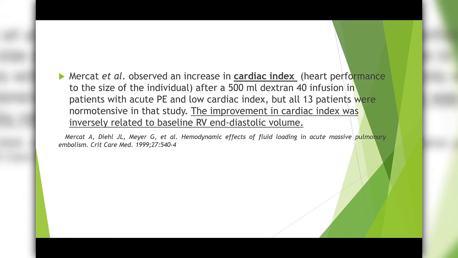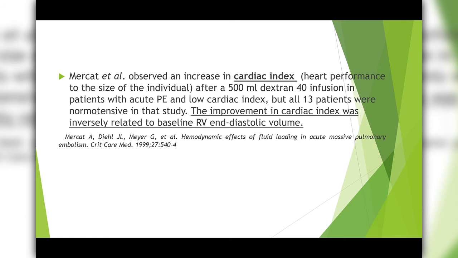Here's a study showing increase in cardiac index after an infusion of 500 ml of dextran 40 in patients with acute PE. But in this study, the sample size is small and all of the patients were normotensive. An improvement in cardiac index was inversely related to baseline RV end diastolic volume.